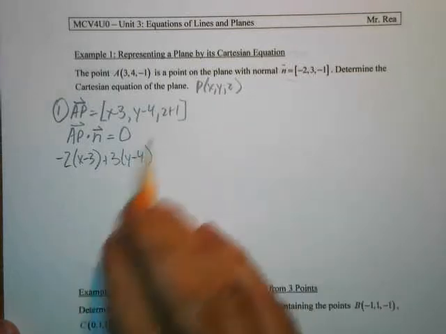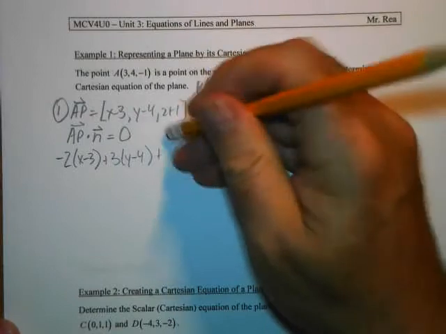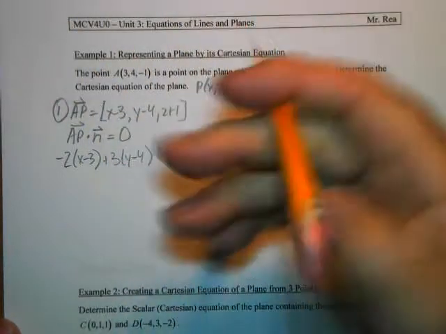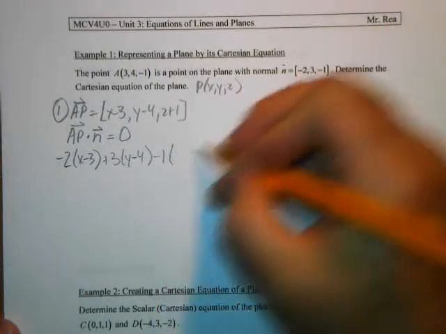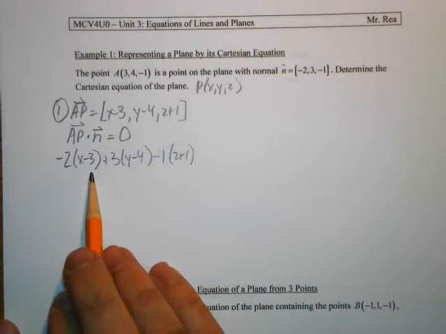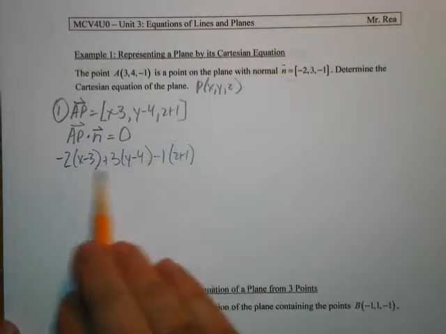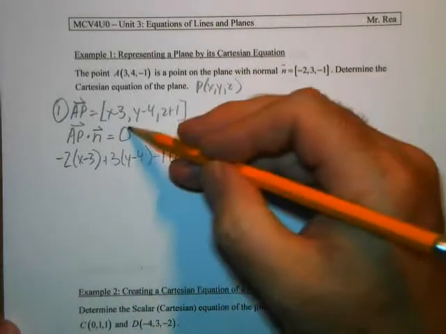So this is just a calculation of the dot product, plus, well, that would be minus 1 times Z plus 1. So that's the formula for the dot product, and that will equal 0 because we know it's equal to 0.